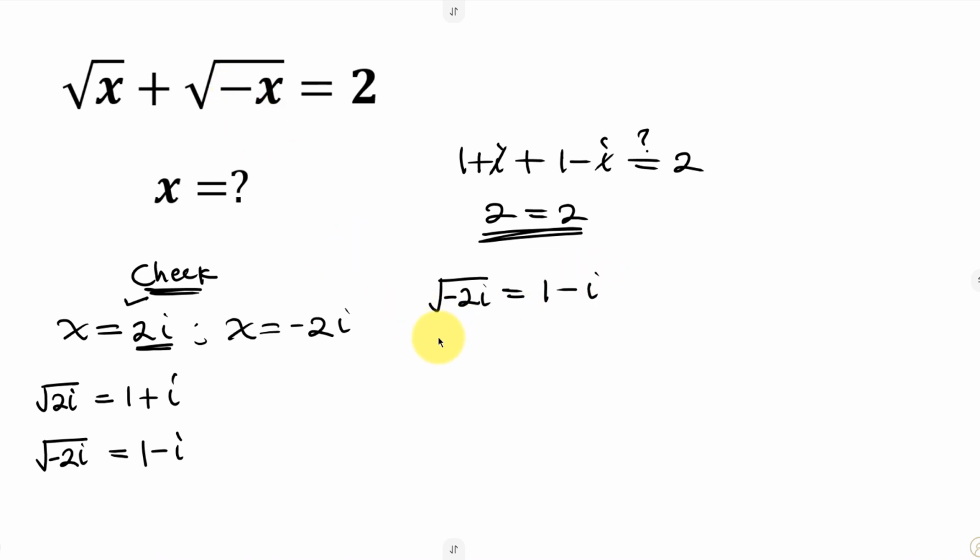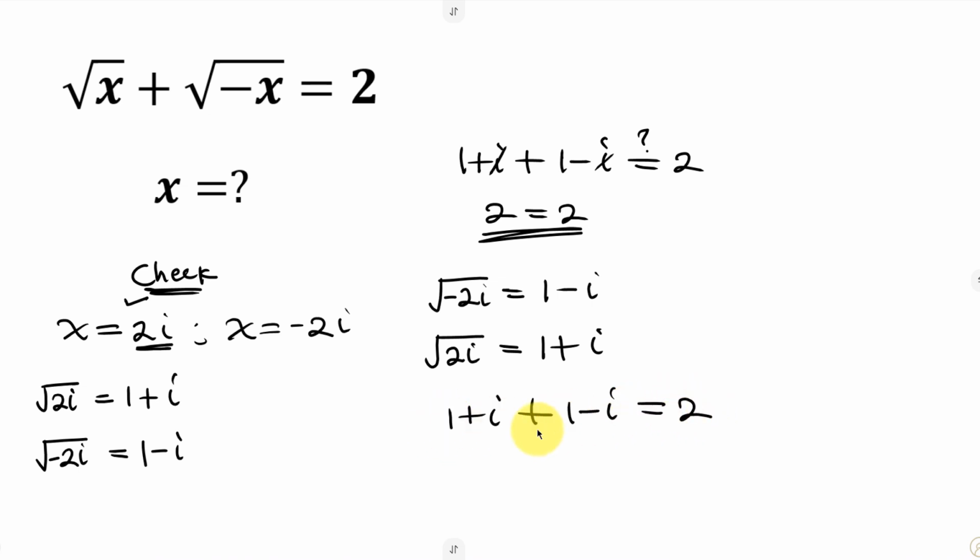Then for this, the square root of negative x, which is the square root of positive 2i, is 1 plus i. Now let's put this into our original equation. So the square root of x is 1 minus i, plus the square root of negative x, which is 1 plus i. Am I going to be having 2?